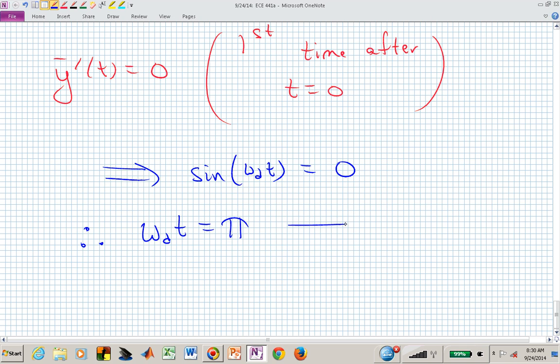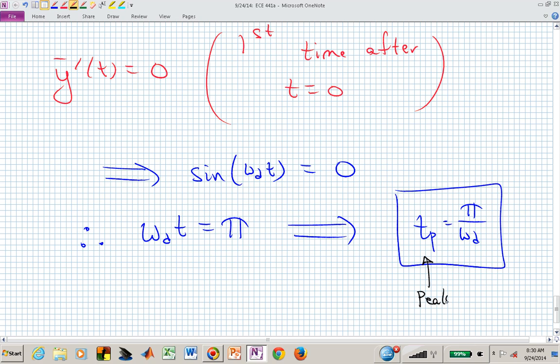And when is that going to occur? The first time, at the peak time, T sub P. So T sub P is pi over omega sub D. This is our peak time, and that's one of our relationships.